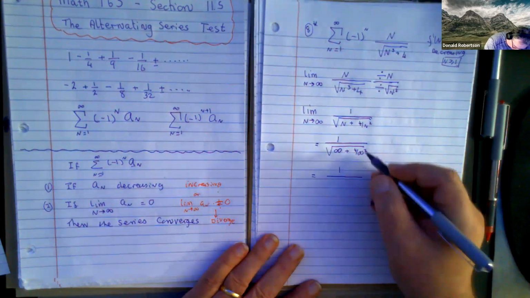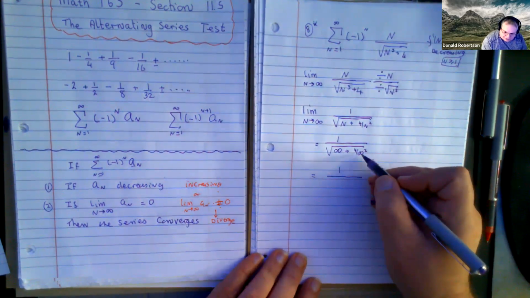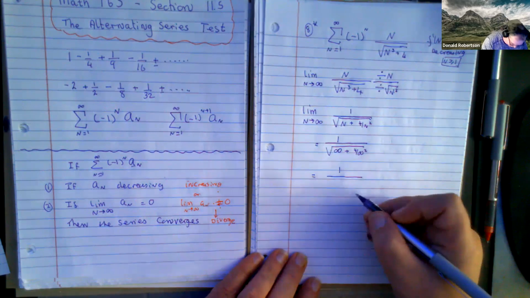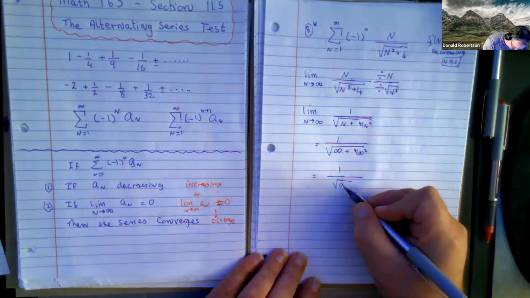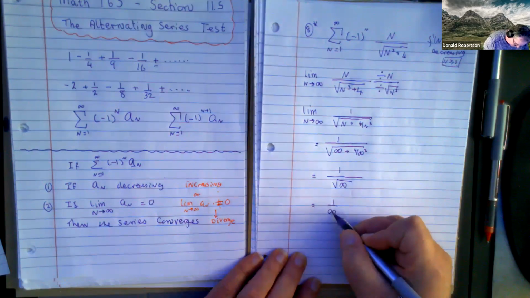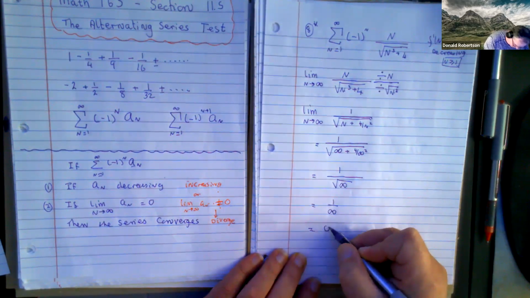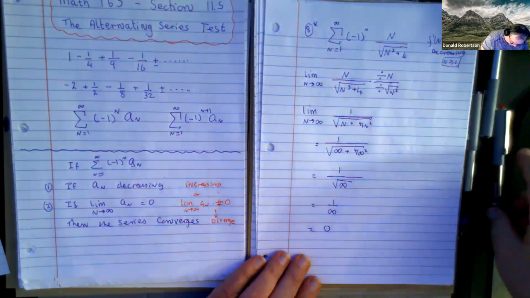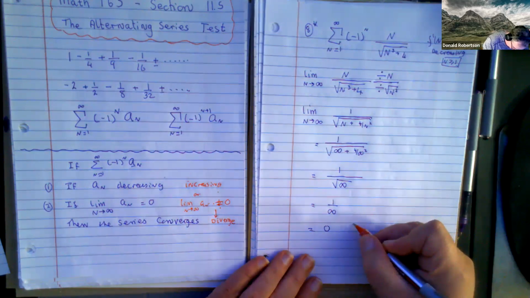Well, 4 over infinity squared is 0. Infinity plus 0 is still infinity. The square root of infinity is still infinity. That guy is 0.